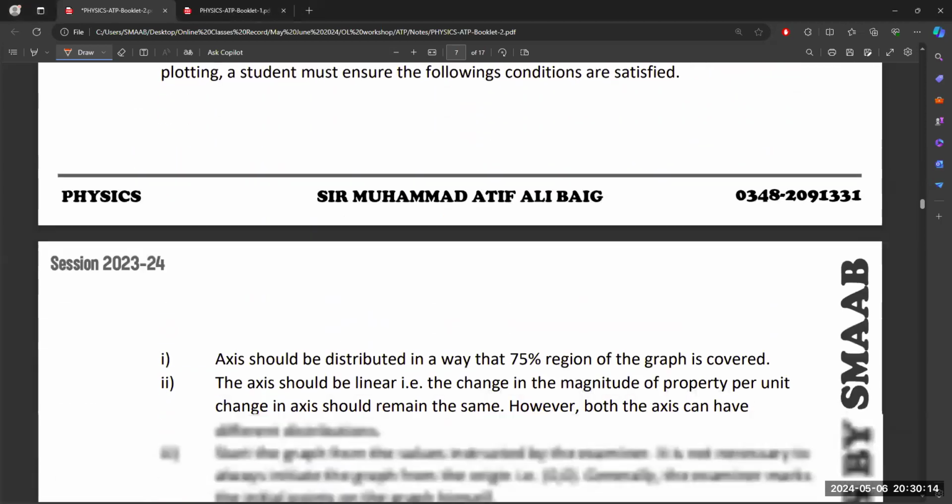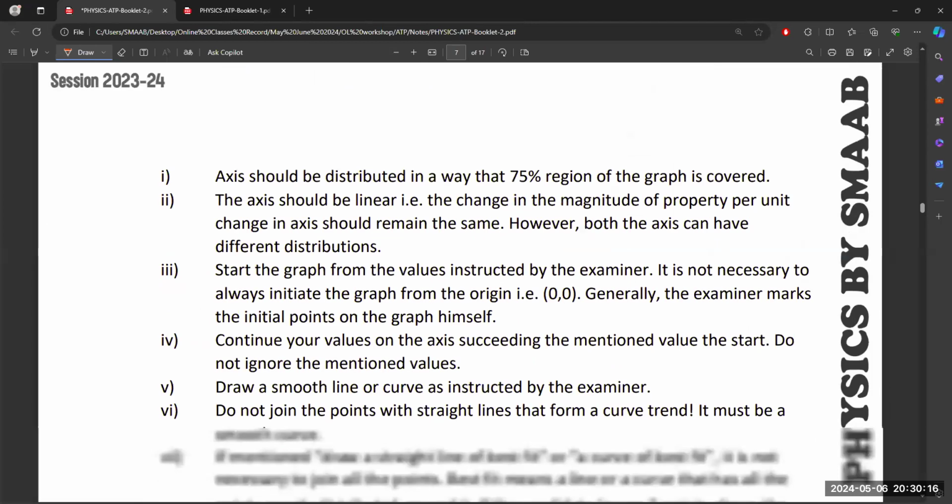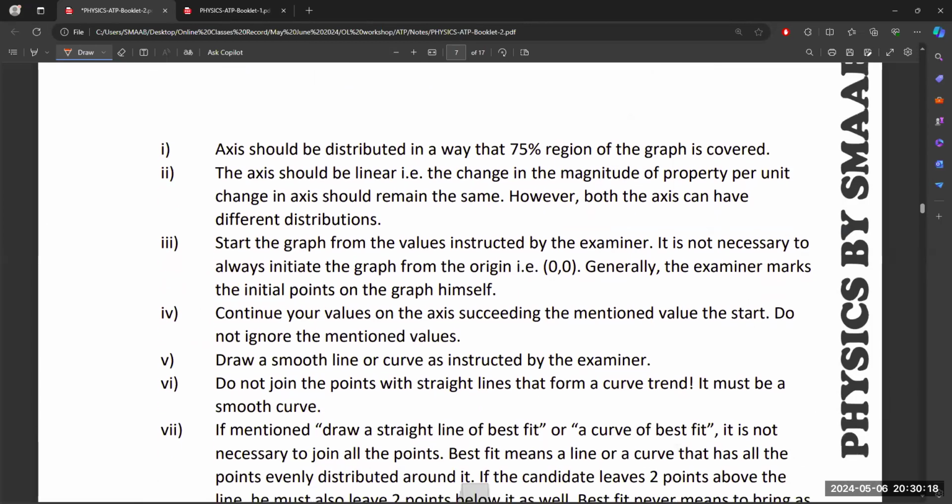And after that, this part is important. And why is this part important?